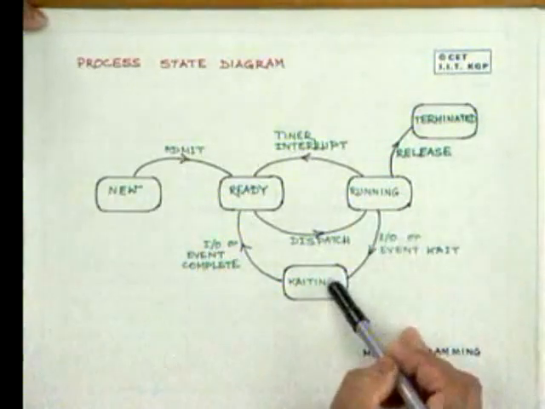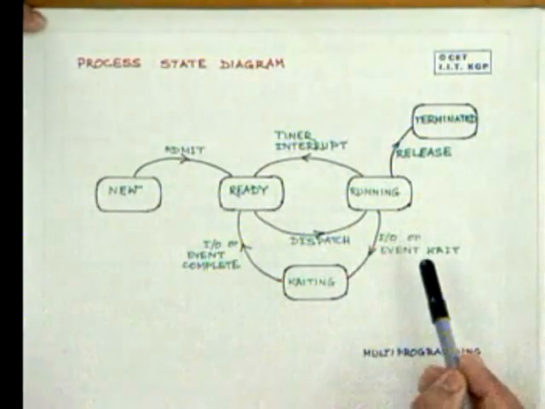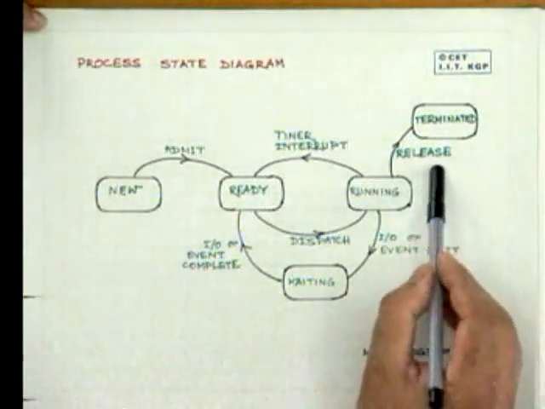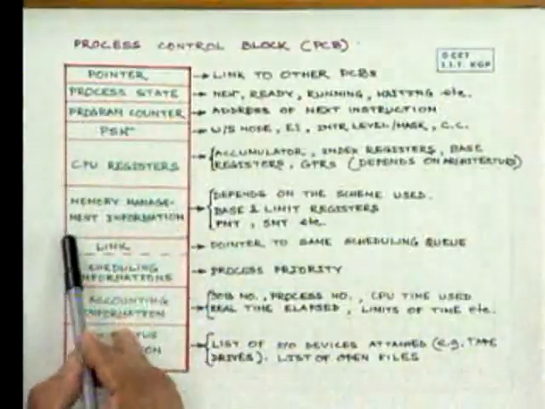Now say it is running and has to go to the waiting state because an I/O has been requested. Then all this information, the CPU registers, processor status word, program counter, and memory management information, is saved immediately into the corresponding fields of the process control block.